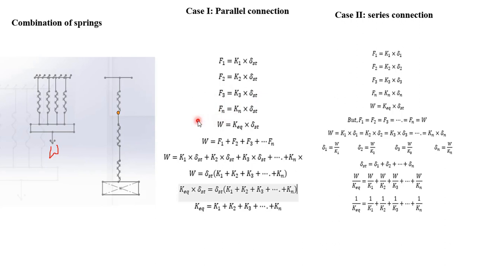This indicates the case when a number of springs are connected in parallel. Now W becomes the summation of all spring forces. Let's substitute the value of spring forces here.